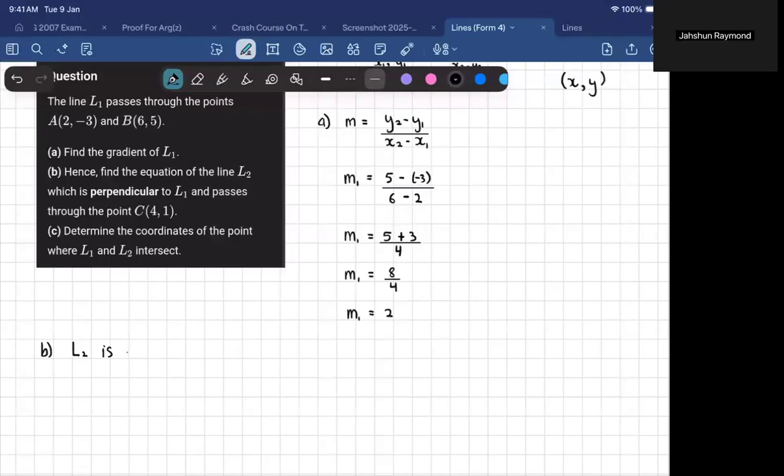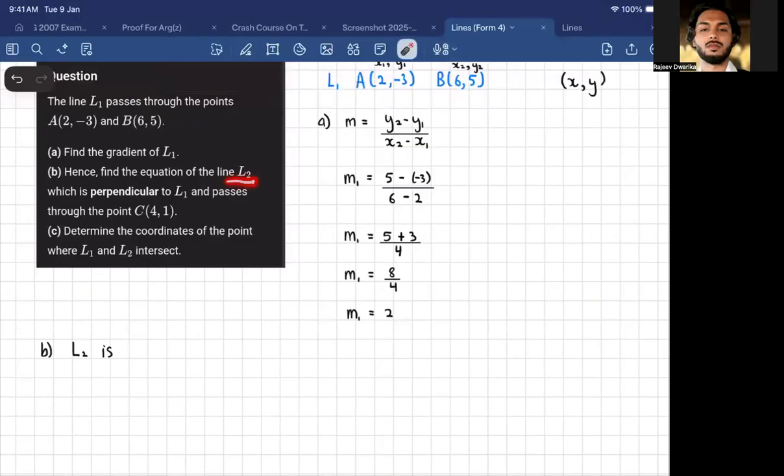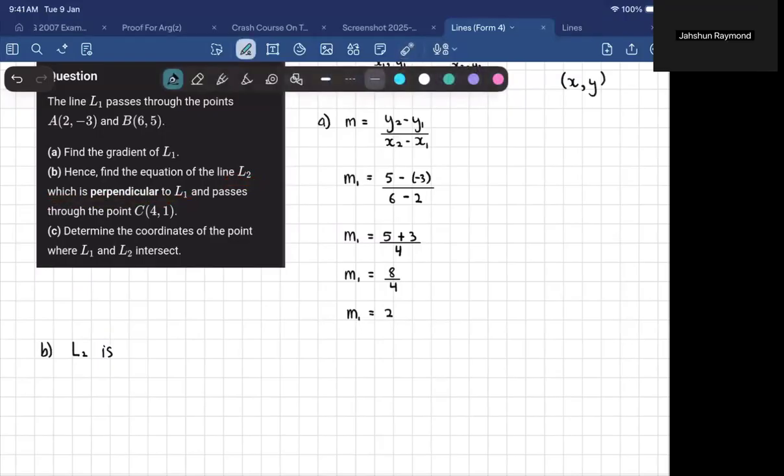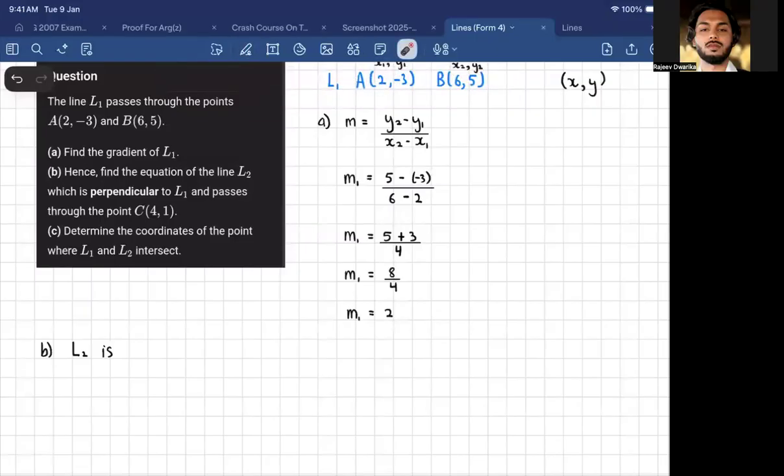Oh yeah, perpendicular to L1. Do you know what perpendicular means? Can you remind me, sir?